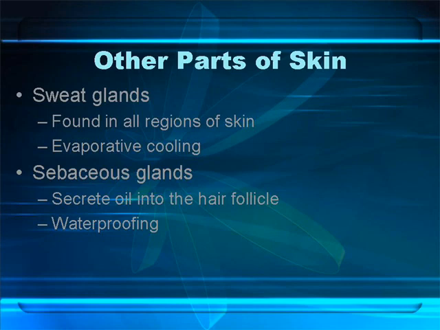You also have sebaceous glands. Usually these are associated with hair follicles, and of course you've got hair all over your body. Most people notice sebaceous glands on the face, like the nose, chin, forehead, things like that. Their overall function is waterproofing, to try to keep all the moisture inside your body if possible.